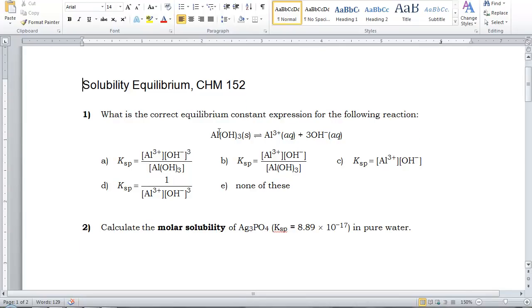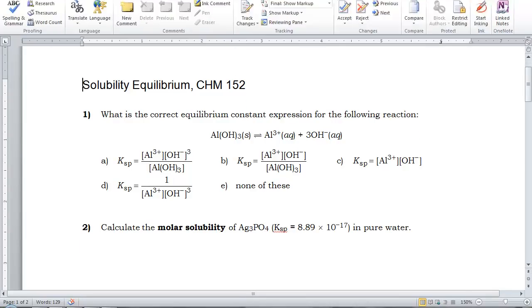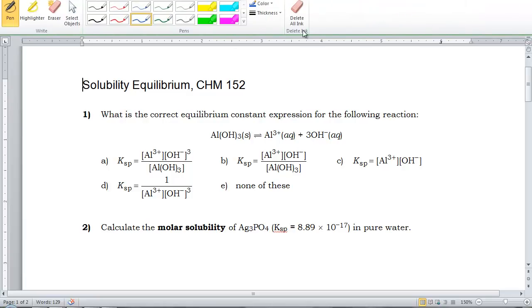All right. So most hydroxides are insoluble. Aluminum hydroxide is not very soluble, but it does dissolve a little bit to its component ions. Aluminum is a 3+ cation. Hydroxide is a -1 ion. So we get those two product ions. That's all that shows up in our equilibrium expression.